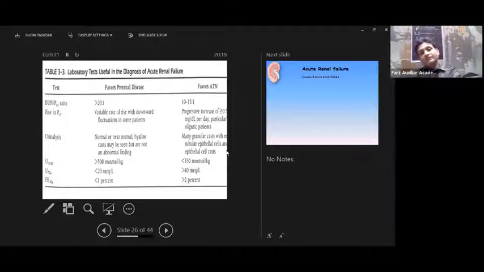So this test may be confounding in many cases. Or many times in patients with acute catabolic phase, the rise in creatinine may be very high.